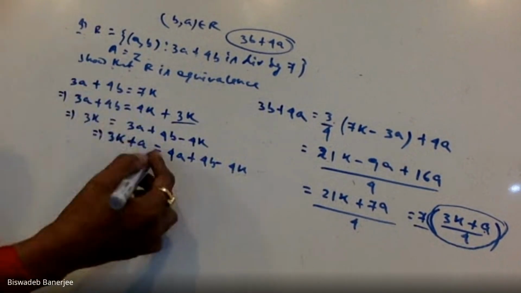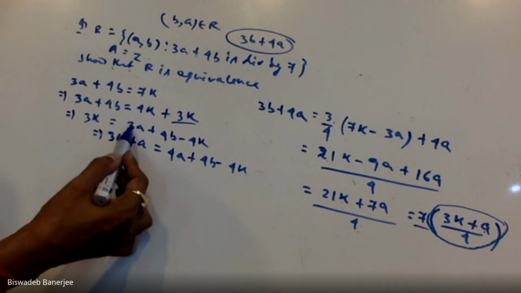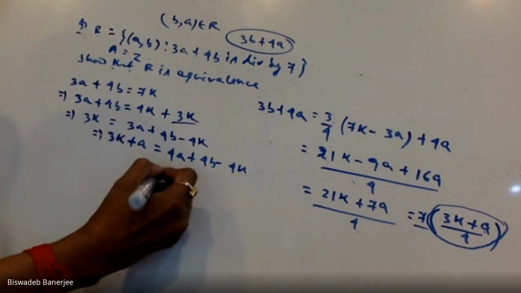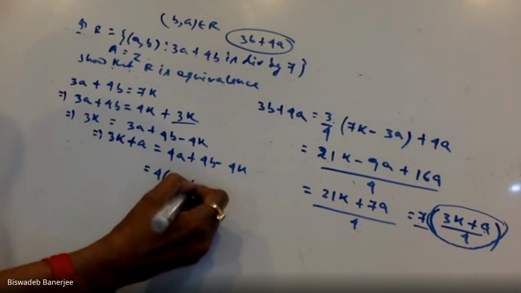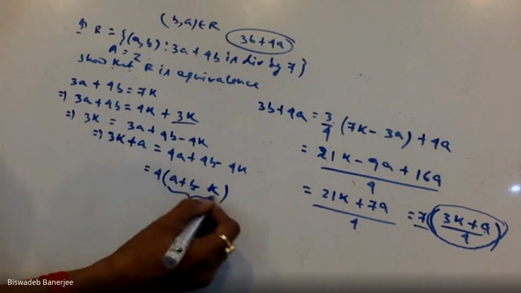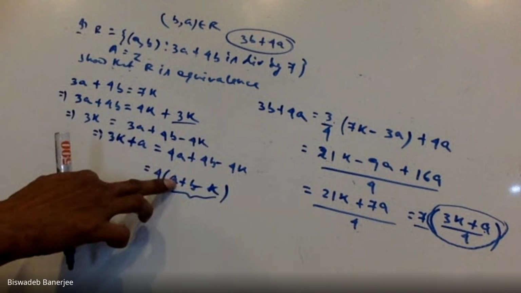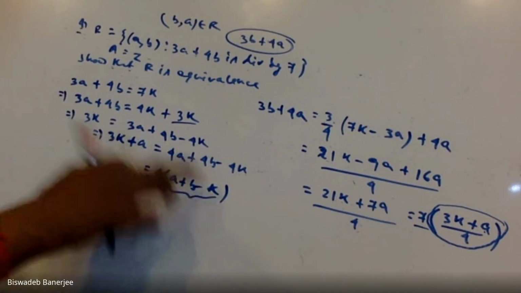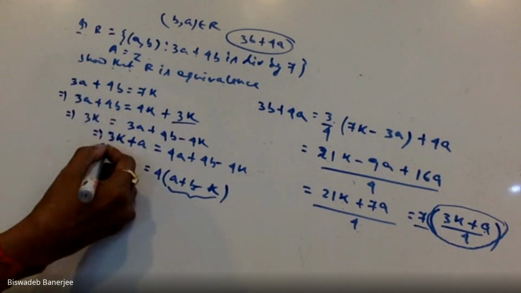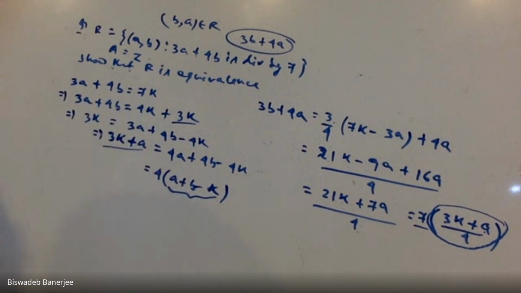So 3a plus a is your 4a, and this remains as it is. Clearly, it is a multiple of 4 because we can take 4 common. And this portion is an integer because a is an integer, b is an integer, k is an integer. So this entire portion is an integer. So we see that 3k plus a is a multiple of 4.